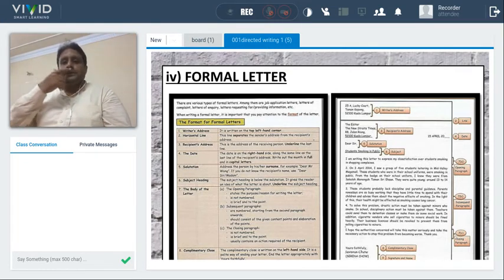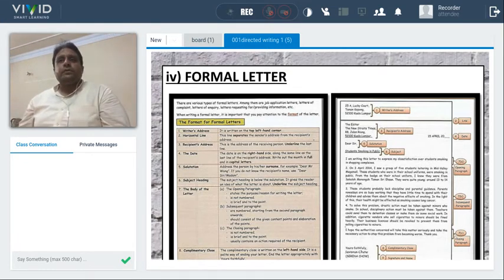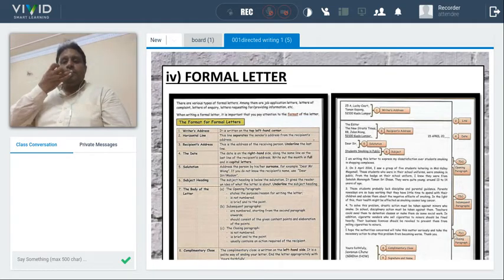This is the very structure of letter writing, specifically the formal letter. So, with this structure, we close today's lesson.